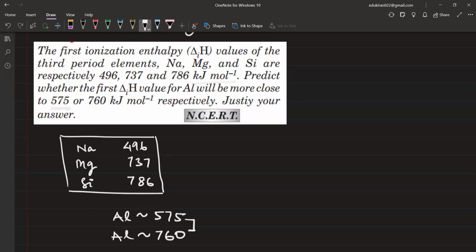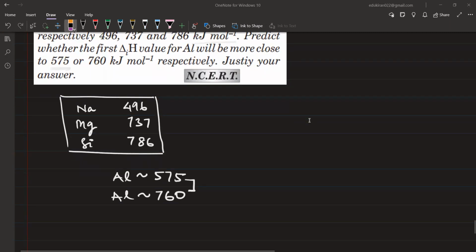Magnesium, only magnesium. So what they are asking is, you have to compare it.